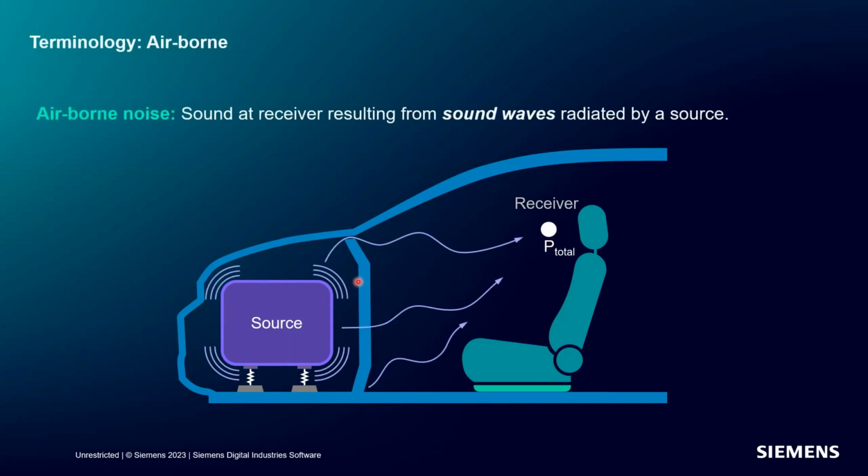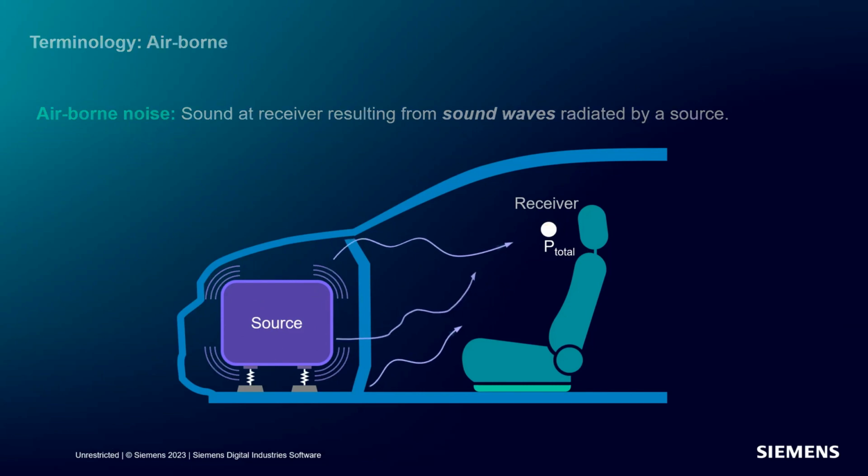When we receive or experience sound at the receiver location, it could start life as an airborne source. So the term airborne refers to things like, if you have this source like an electric motor, and you have sound that radiates off of the surfaces, that starts life airborne from the source and reaches the operator ear.